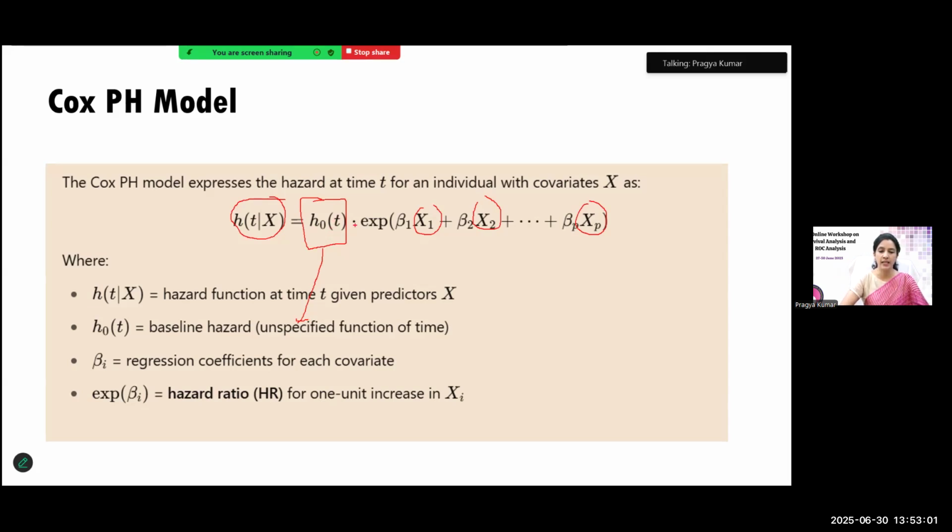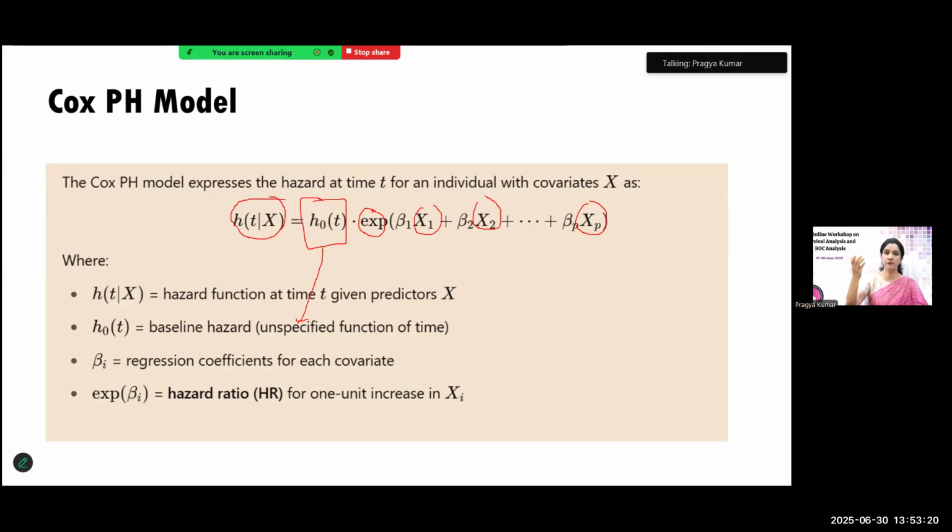Then this dot is a multiplication, so it is multiplied by the exponent. Those of you who have attended the logistic regression will know that there also, when we calculate the odds ratio, we take the exponent of the coefficient.